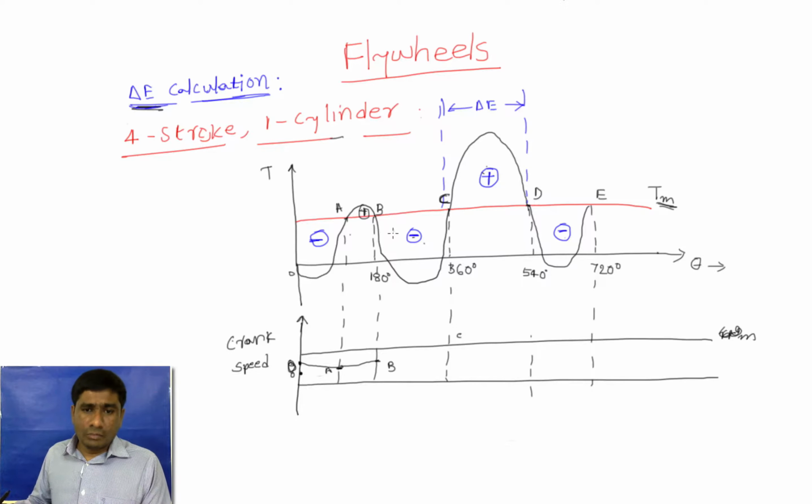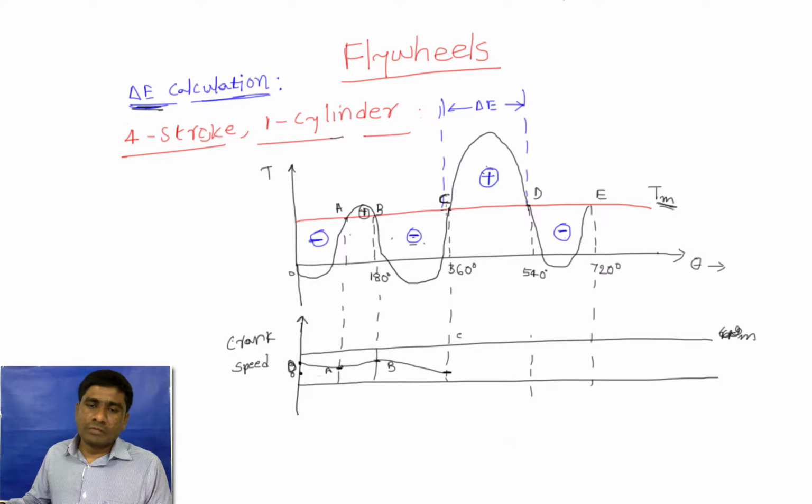That means if you compare this deficit area with this deficit area, this is more. So the velocity at point C should be less than at O, A and B. So for example, this is the point and you join this line. Why? Because here more energy should be provided by the flywheel to the crankshaft.